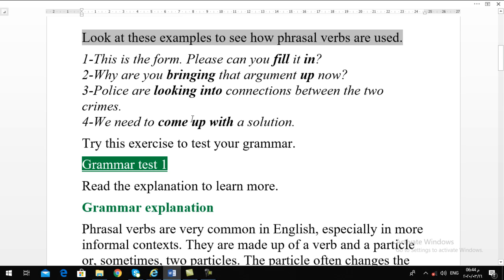Is it separable? No. As you see, most multi-word verbs with more than 2 words are inseparable. Can I say come a solution up with? No. Can I say come up a solution with? No. Just come up with a solution. Okay.